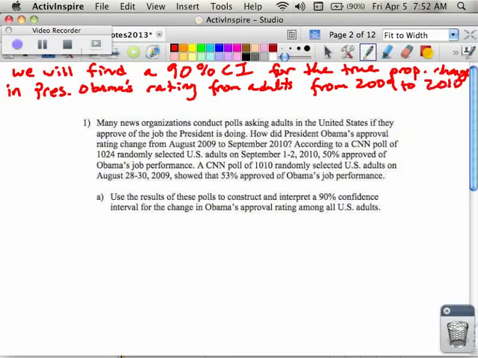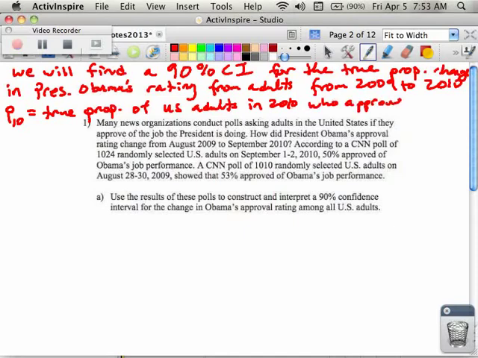And then we should also, of course, define what our different proportions are, our P's. So I'm going to call it P10 for the proportion in 2010, and that's going to be equal to the true proportion of U.S. adults in 2010 who approved of Obama.